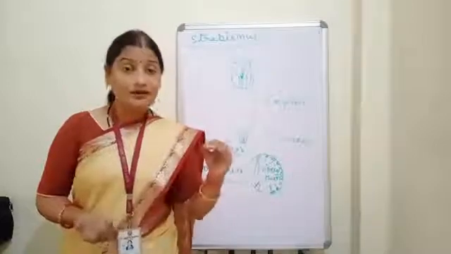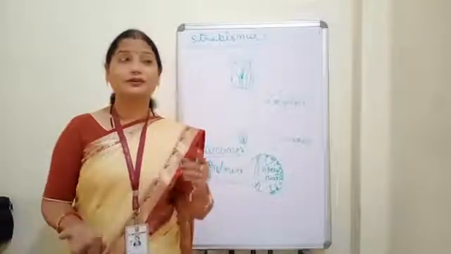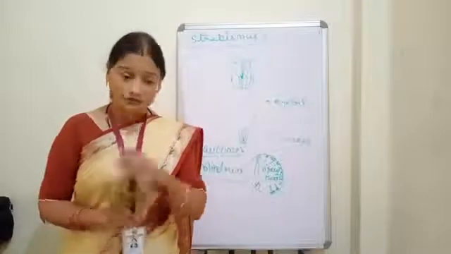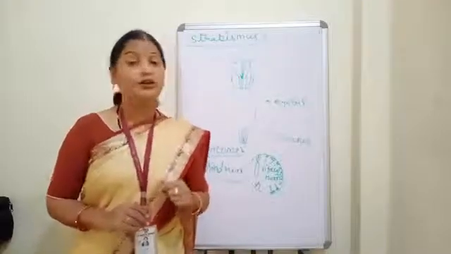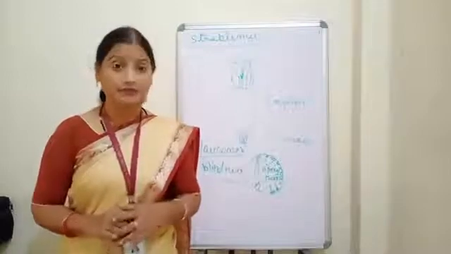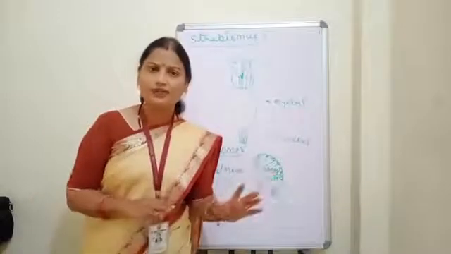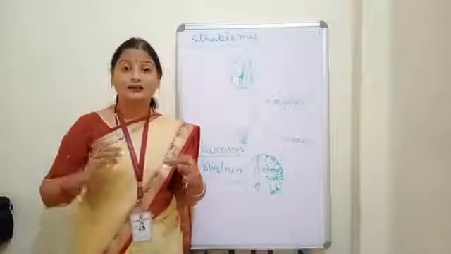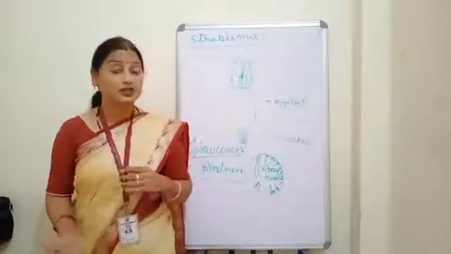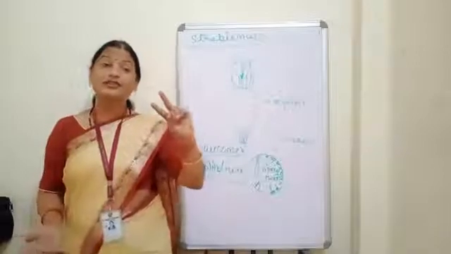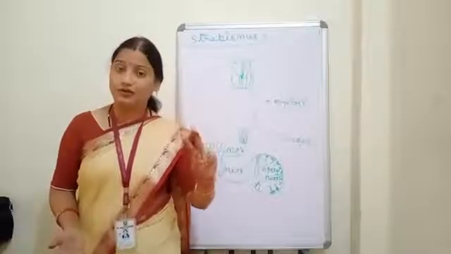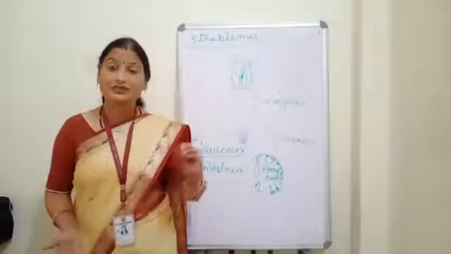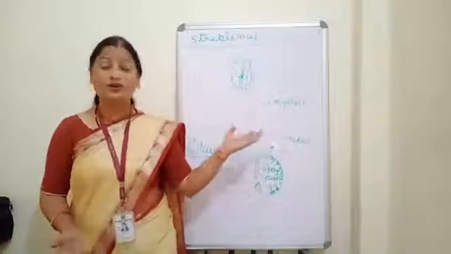So now, what happens in case of color blindness? The cone cells are non-functioning, and because of this the people are not able to see the red and the green color. Clear? This we have already discussed. So how can this be transmitted from one generation to the other? These two diseases are sex-linked diseases, as I have already told you, that the X chromosome contains the gene for this faulty disease.